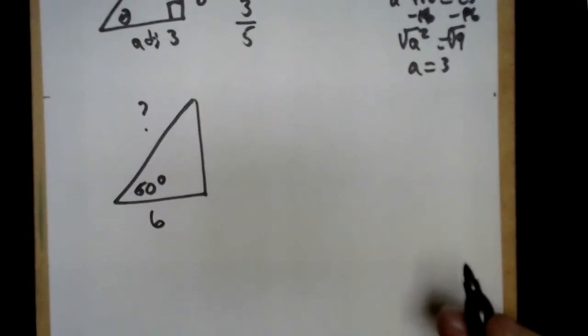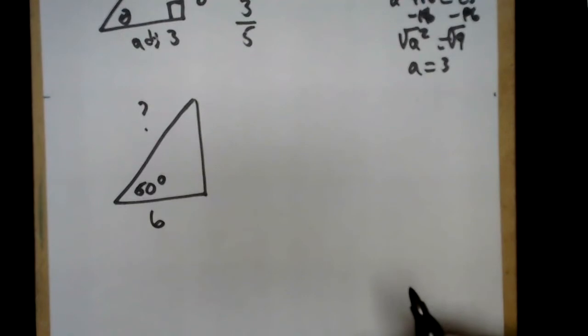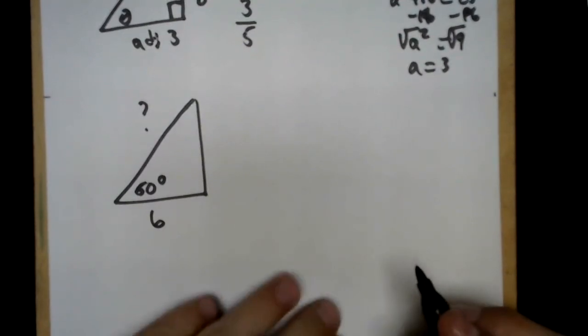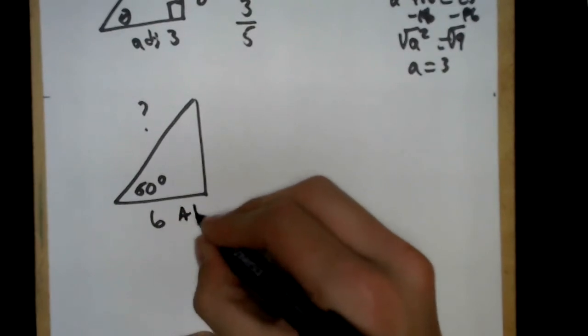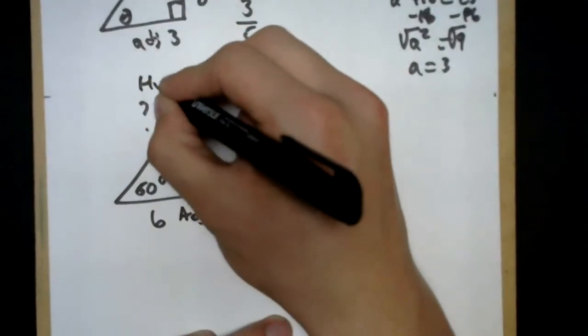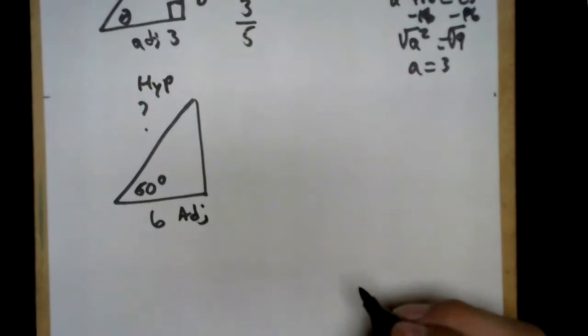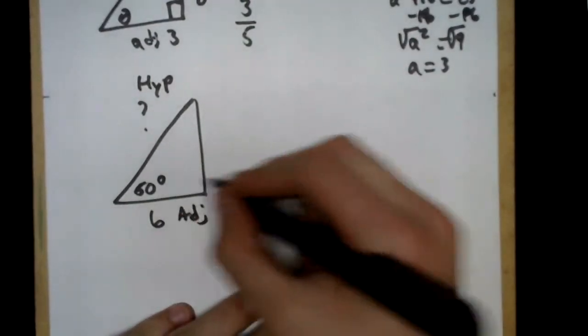So how do you do that? You know that this is your adjacent side, this is your hypotenuse, and you have a cosine of 50.